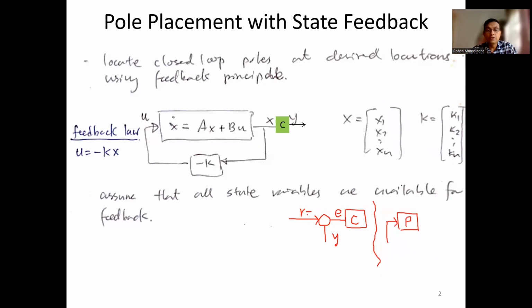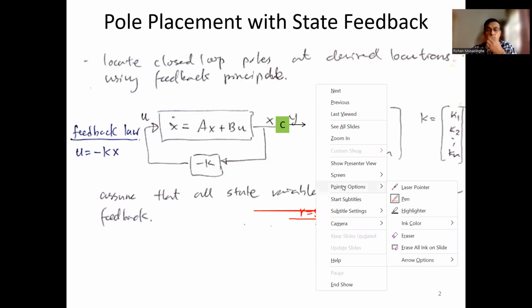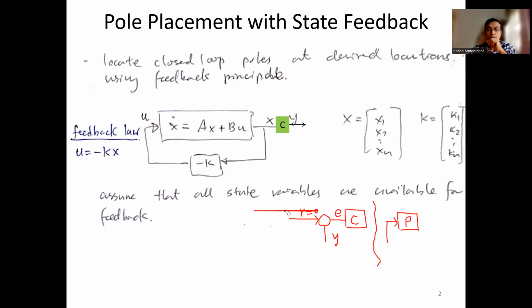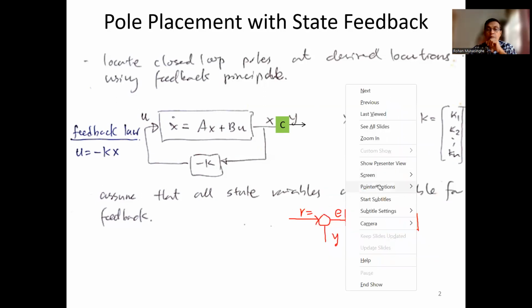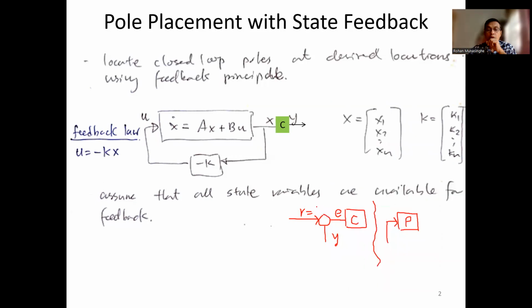If you set R equals 0, they're equal. You get this is equal to this, right? You get Y directly coming onto the system.